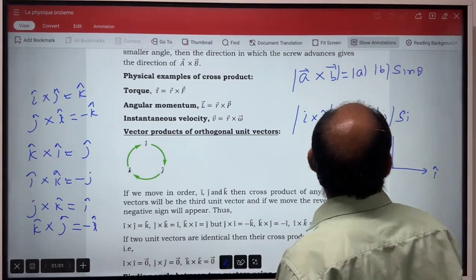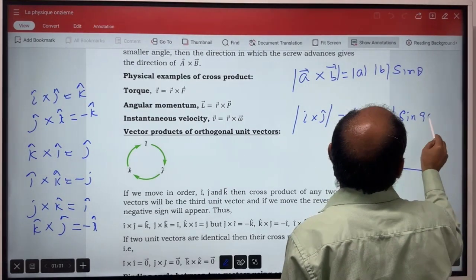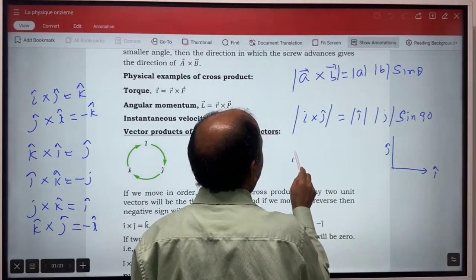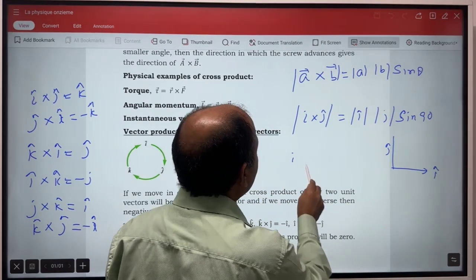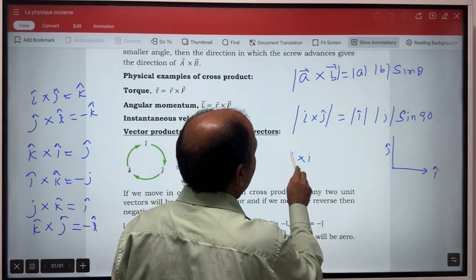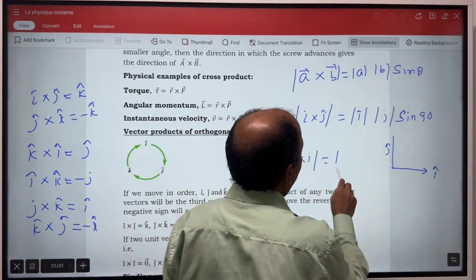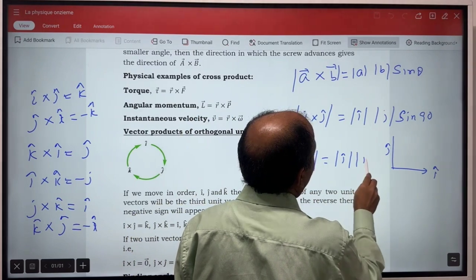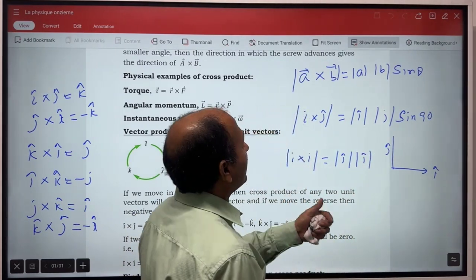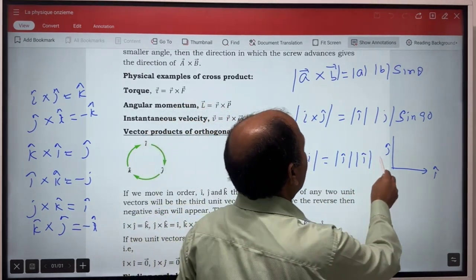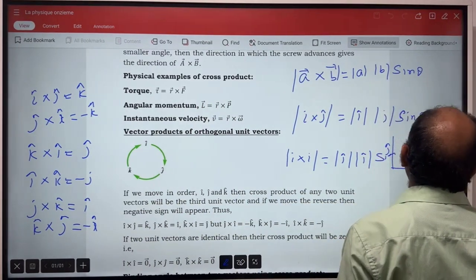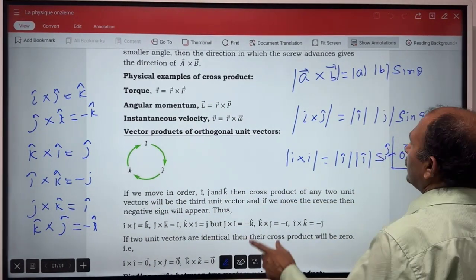But suppose we take the same vector, i cross i. Then what do we get? Modulus i cap, and the angle between them is 0 degrees, sine 0 degrees, and sine 0 is 0.